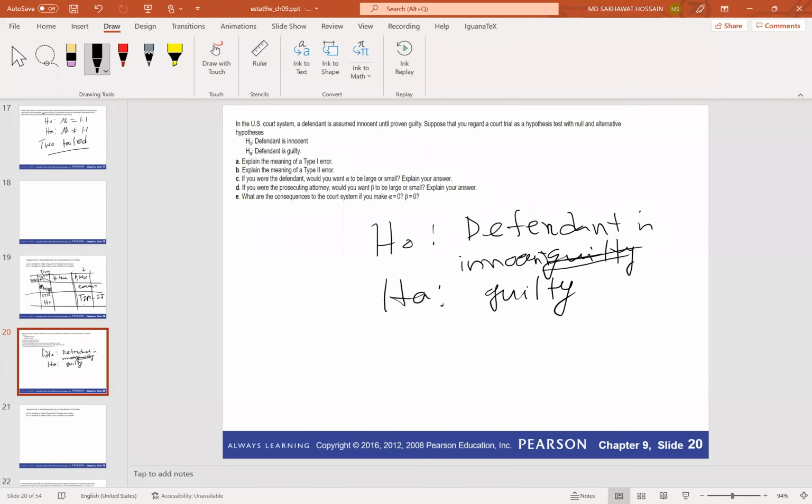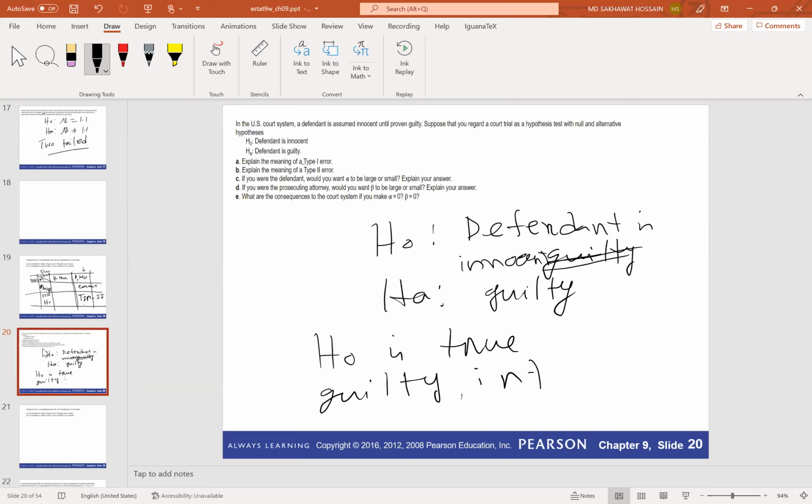So explain the meaning of a type 1 error. So what is type 1 error? Type 1 error is when the null is true, that's when the defendant is innocent, but our decision is the defendant is guilty. So reject null when null is true is the type 1 error. We are rejecting null, so that means we are saying the defendant is guilty.